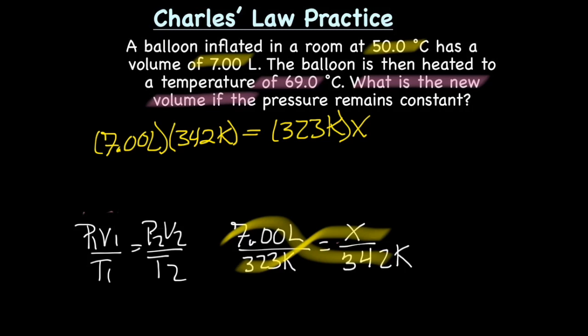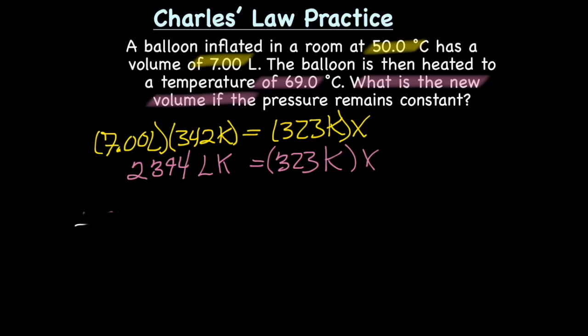And when I did that, I hope some of you are checking me, 2,394 liters Kelvin equals 323 K X.